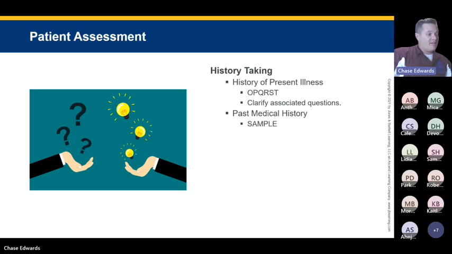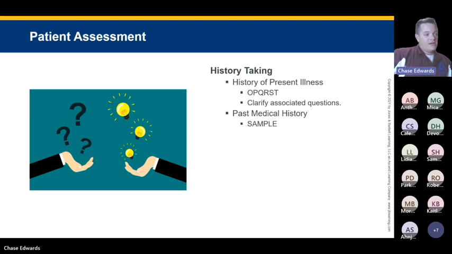So OPQRST, if y'all type it in. O is onset. P is what? Provocation. Q is what? Quality. There you go. R is radiation.